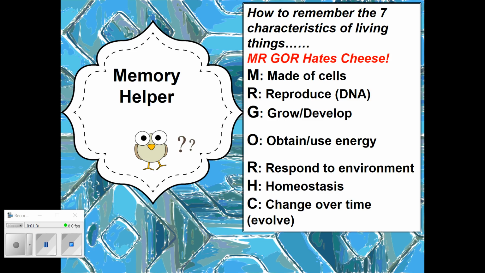O, obtain and use energy. R, respond to the environment. H, homeostasis. And C, change over time, which refers to organisms adapting and evolving.